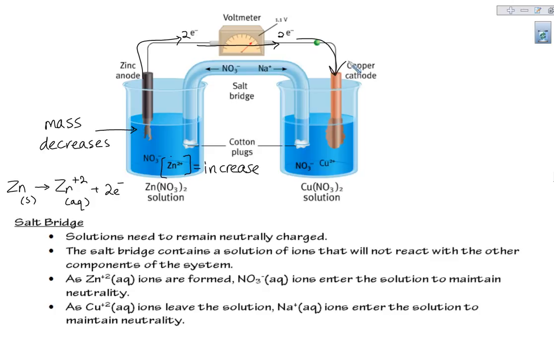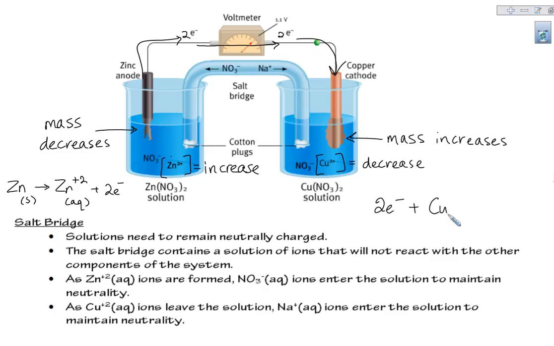On the copper side, we said this mass will increase, and this ion concentration will decrease. And that matches the balanced equation. We're going to pick up those two electrons flowing through the wire.